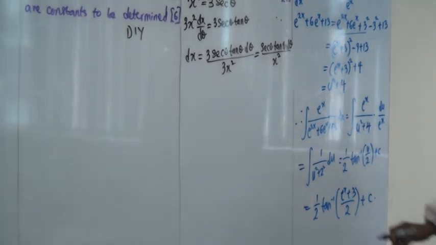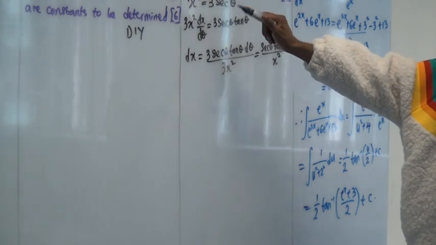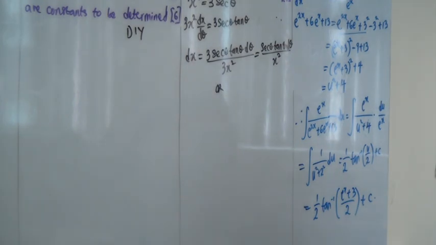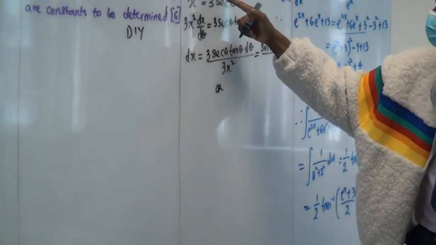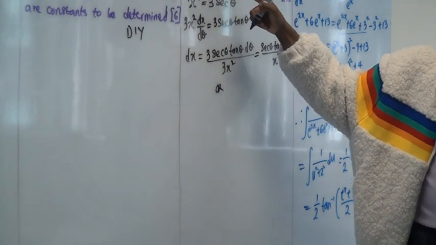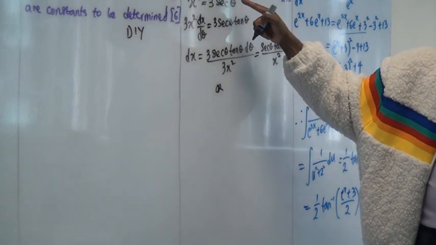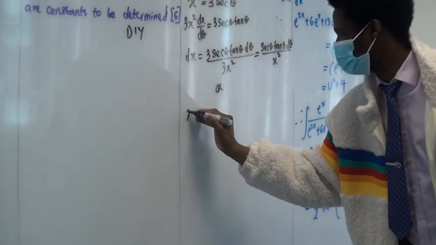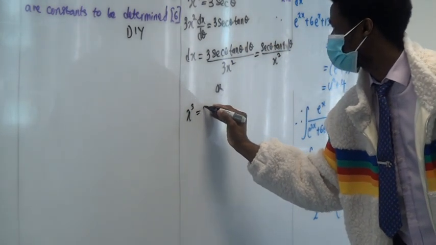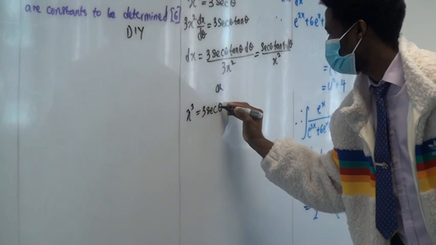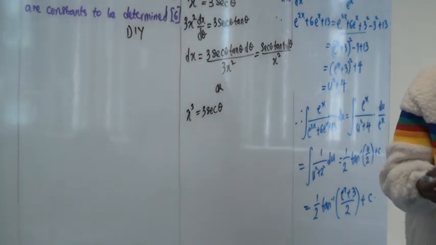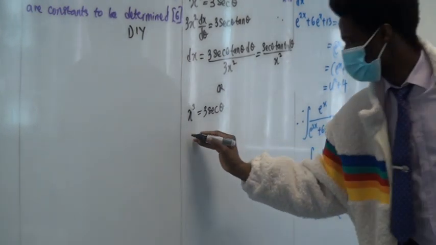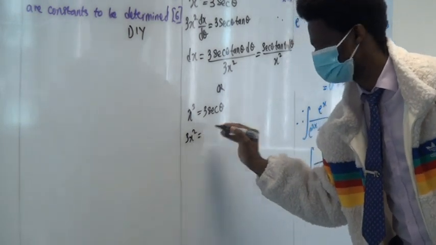Then maybe we need something for x squared later, we will see. Alternatively, you can make this your dependent variable, y, and this one remains what x will do. If x cubed is equal to 3 sec theta, and I assume theta is my dependent variable y, then this just remains 3x squared.